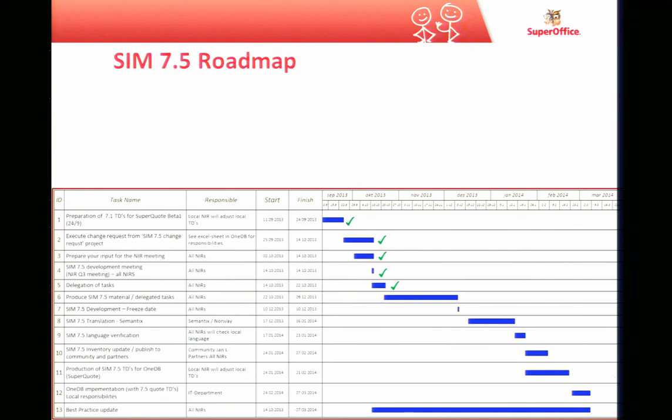This is just a roadmap, to give you an idea of how long it is until we are done with this. We are in a phase now where we are actually producing all this Theme 7.5 material. It has been delegated to all the local subsidiaries. We are all doing some work, and it will go through a translation period, and then we will have some acceptance, and hopefully at the end of February or March we will have a complete Theme 7.5.